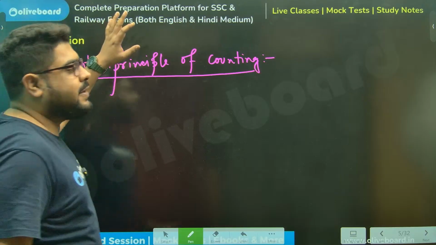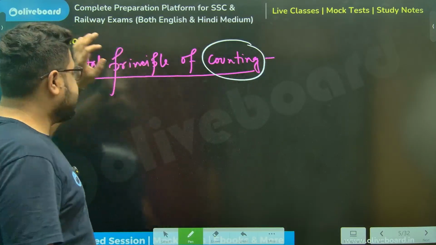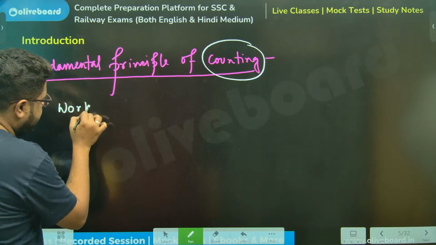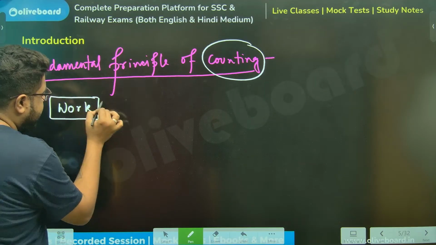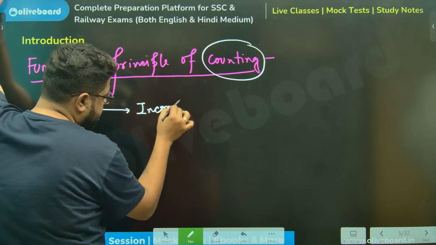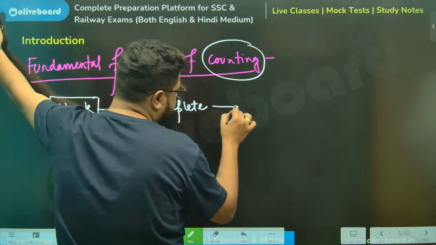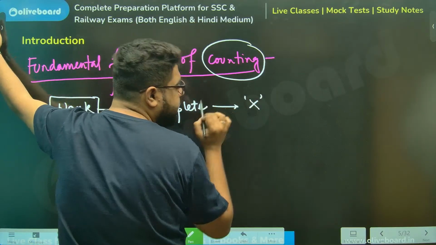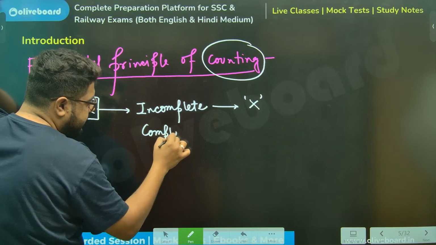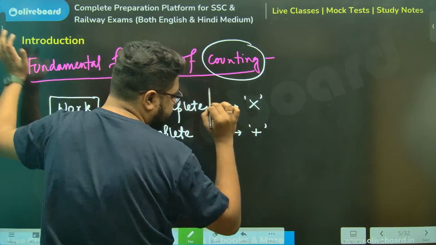Fundamental principle of counting says, whatever work you are doing, if that is incomplete, you keep on putting multiplication sign. And once your work is complete, then you can put your plus sign.